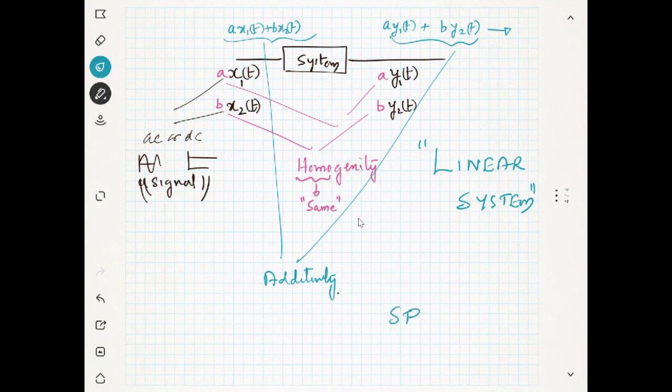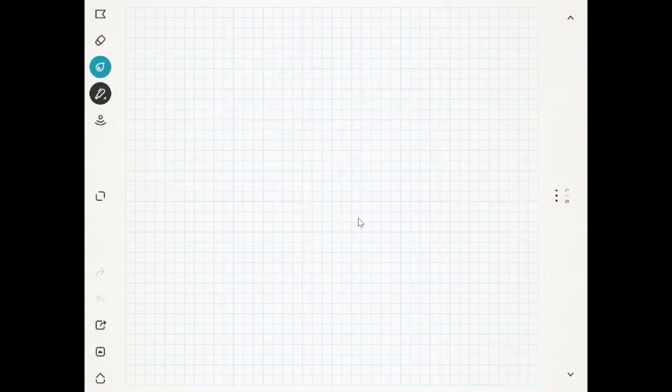That means SPT, the superposition theorem, is a property of the linear system and is applicable only to linear systems. You got the point? In a nonlinear system, I can give you an example.